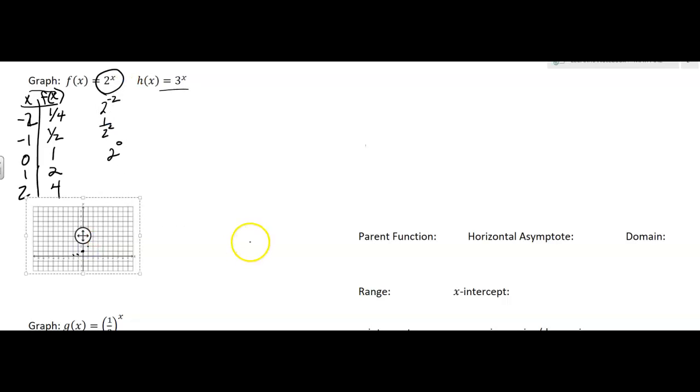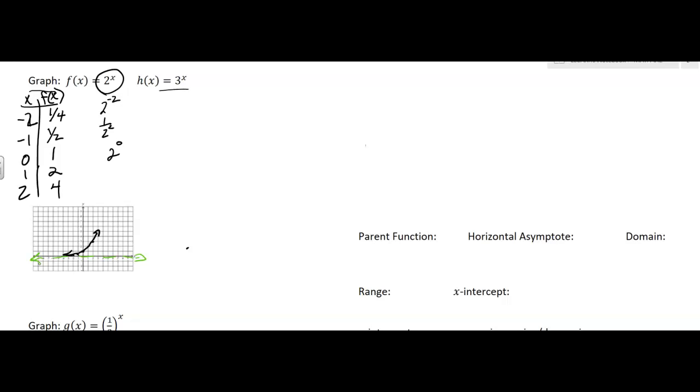And so we get this curve. Remember, it's going to run asymptotic to the x-axis. So there is an asymptote right here on the x-axis. Okay, and so we have that graph looking like that.